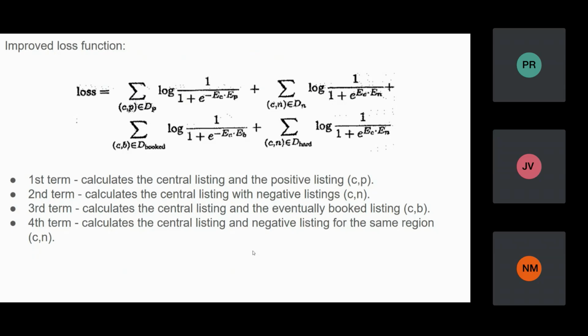So those two terms are added to address the shortcomings that we had with the original loss function.